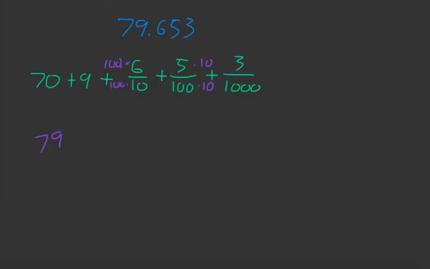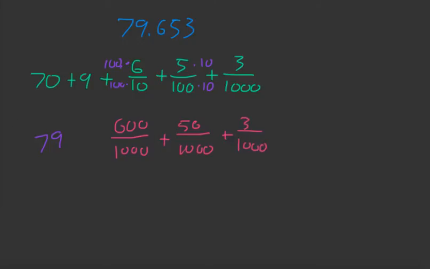So let's change this now. So this is going to be 600 over 1,000 plus this is going to be 50 over 1,000, and this is just going to be 3 over 1,000.